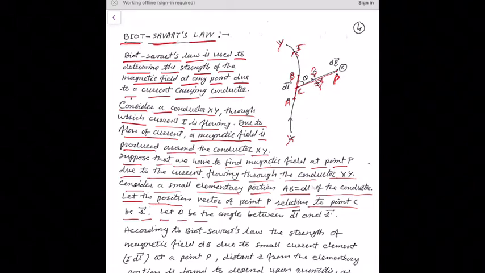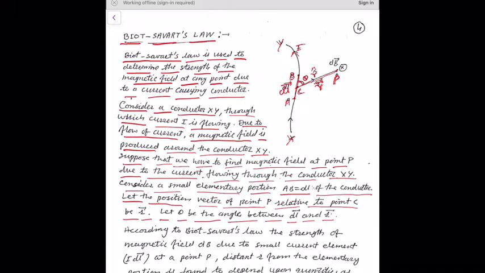Let theta be the angle between dl vector and r vector. Here it is dl vector and here it is r vector. So here is theta between r vector and dl vector.